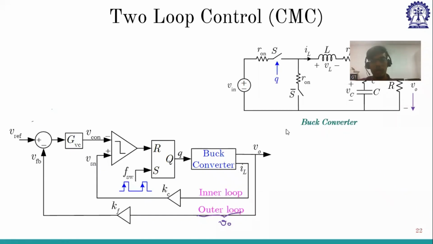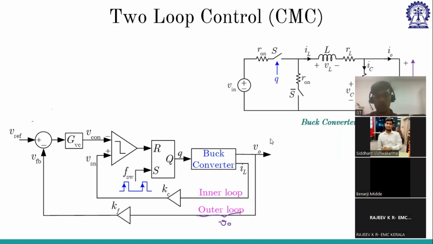So whatever I'm trying to say is, in the case of voltage mode control, we are taking the information of voltage. So whatever we make will be reflected in the voltage, and we don't have any control over current. If you want to control current, you have to sense it and do some operation on the current. Else, how can you control the current? So for that case, we are going for current mode control, where it has two loops.